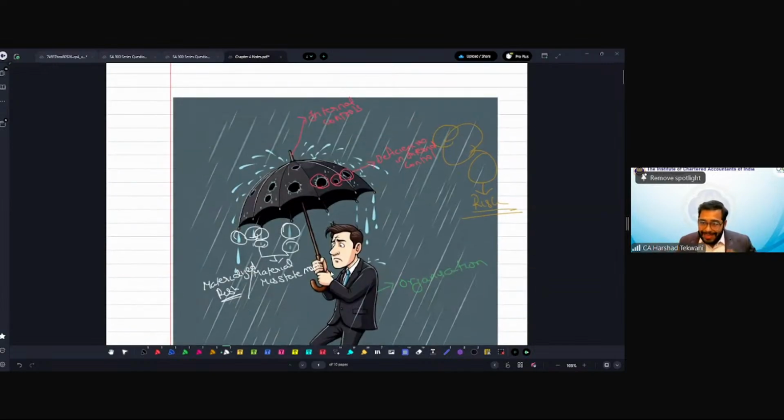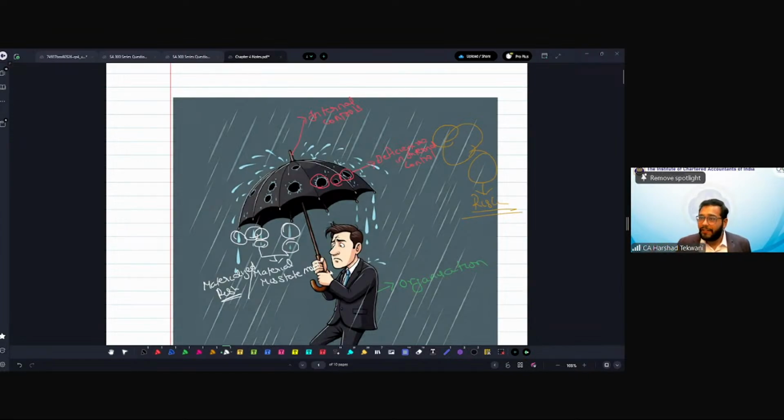So this is how, when we say a risk is there, that the rain will reach the person and the person will get wet, that is a risk. For that, he has an internal control, that is an umbrella with him. The umbrella, however, has some deficiencies which is not able to stop the rain appropriately.